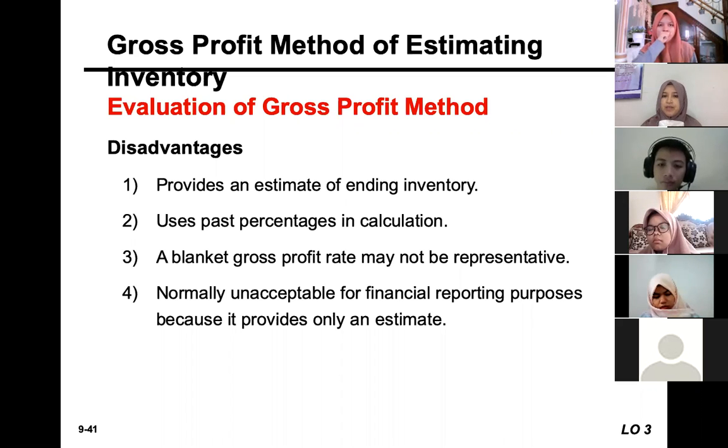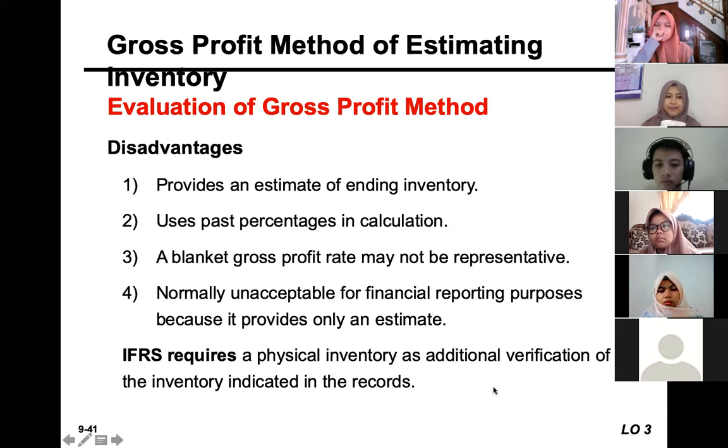But for financial reporting purposes, the company is still required to provide the actual amount of inventory, either from the accounting system or by the actual physical count of the ending inventory. And even IFRS requires the company to perform a physical count of inventory to verify the inventory records.